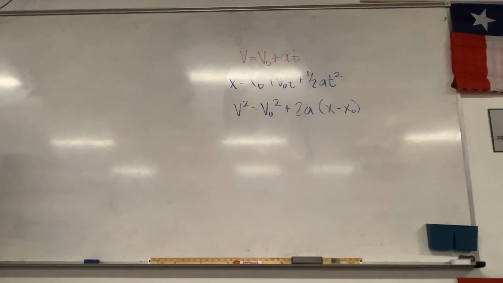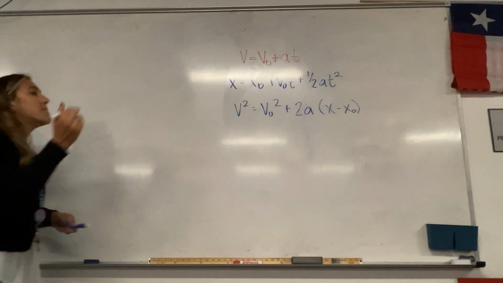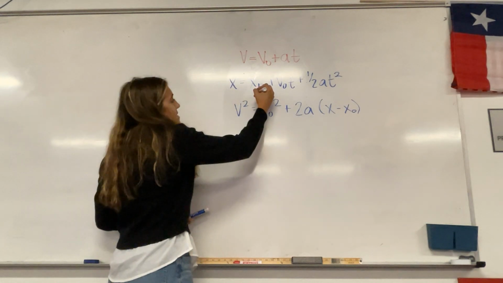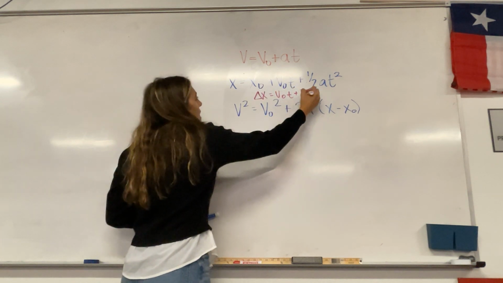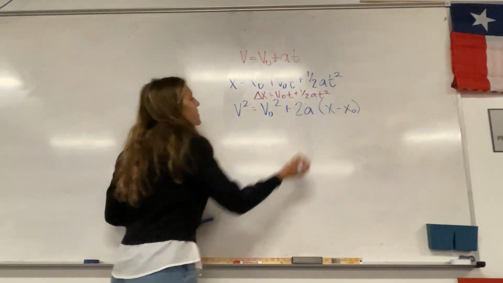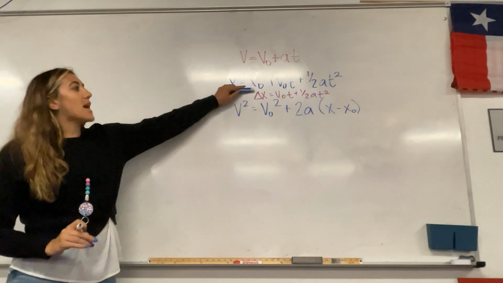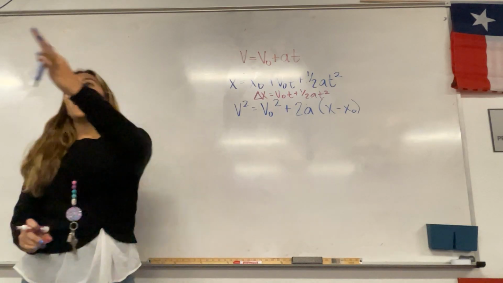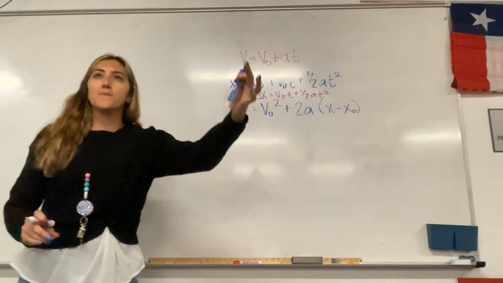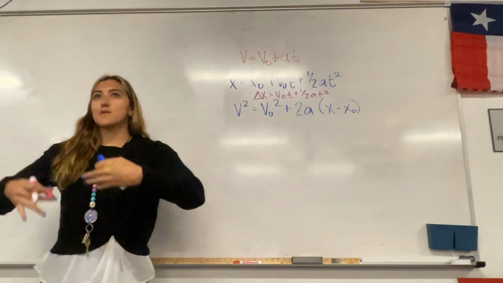I'm going to write in pink underneath 2 of them a tiny change I sometimes make, okay? Sometimes I write the second one as delta X is equal to V naught T plus 1/2 AT squared. All I did was subtract X naught to this side, because X minus X naught, final position minus initial position, is displacement.